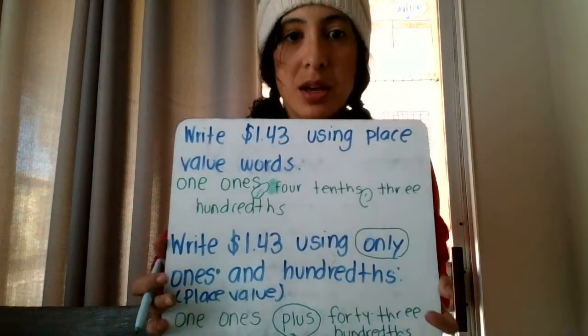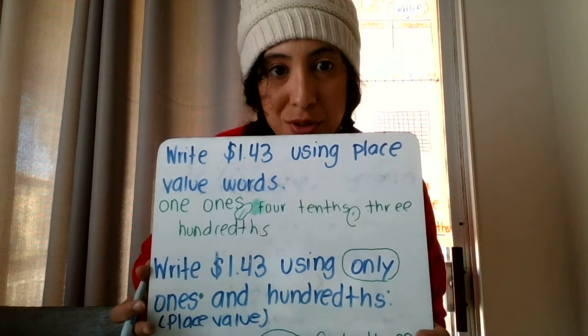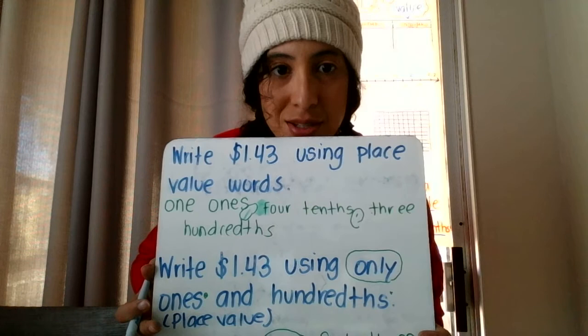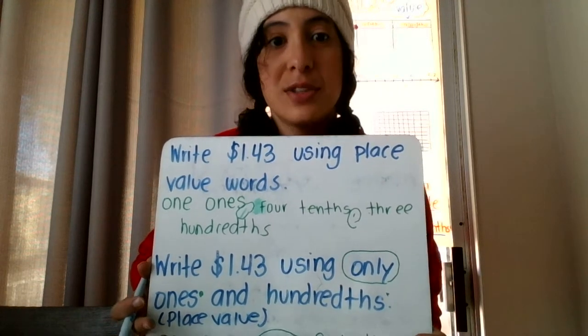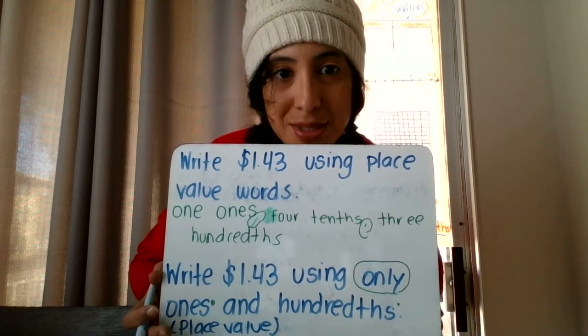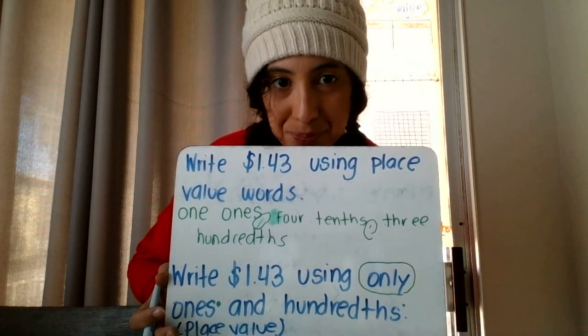Your book or your test can use any one of those, okay? So be careful. If you see the word and, if you see a comma, if you see the word plus, or if you see a plus sign, it all means the same thing. So please don't get confused, okay?